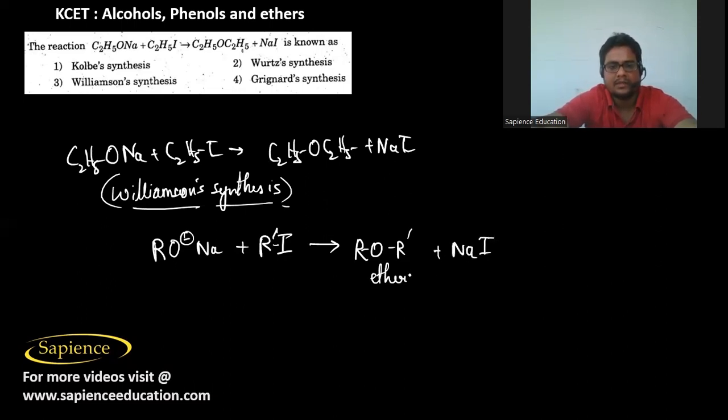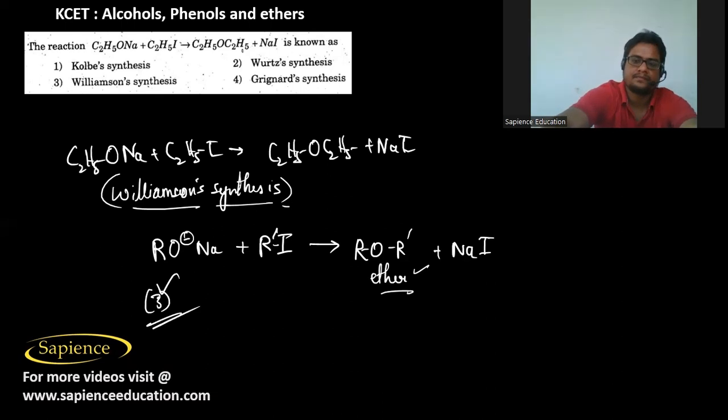When such an ether is formed, it is called Williamson's synthesis. So option 3 is the correct answer.